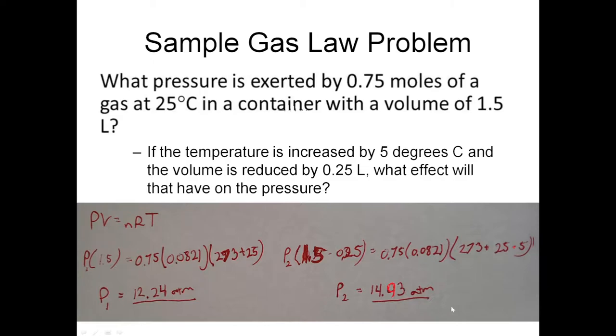We went from about 12 to about 15. So a noticeable increase. If you were under this amount of atmospheric pressure, you would notice the change. It'd be pretty substantial. So both things happening at once had a more profound effect than just either one of them happening on their own.